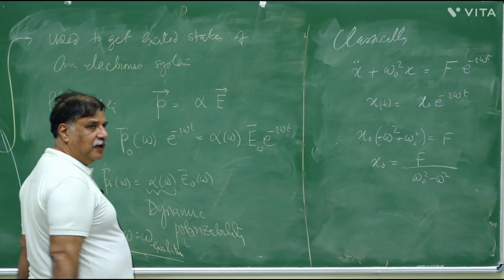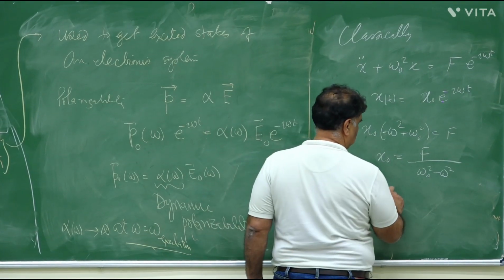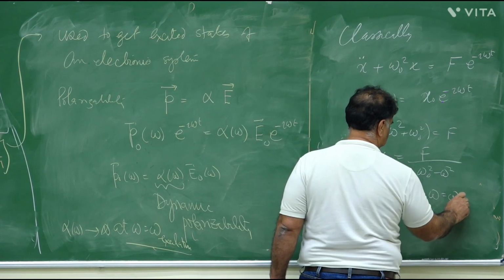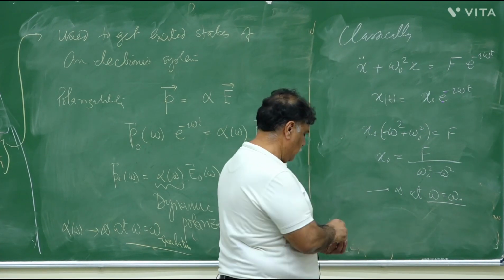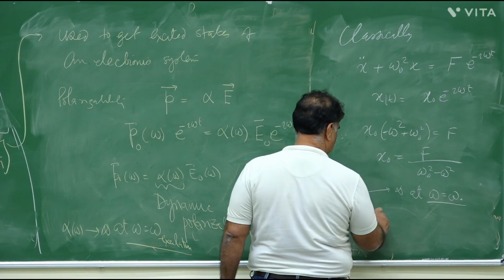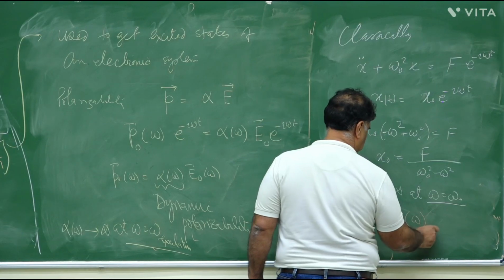If there's a damping term, you get some i gamma omega also. And this goes to infinity at omega equals omega0. x0 times q will be the dipole moment, proportional to E0(omega).